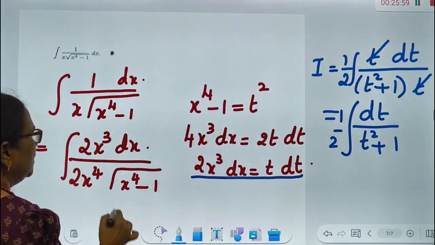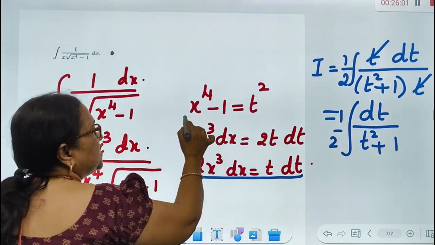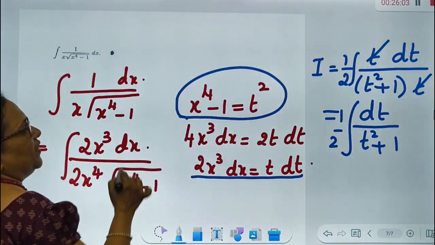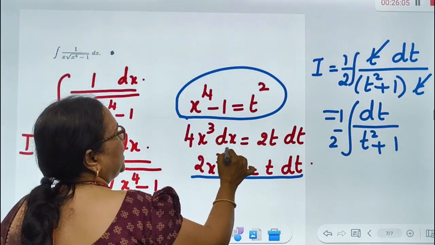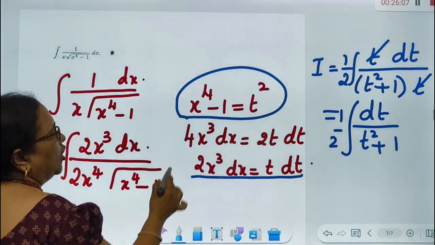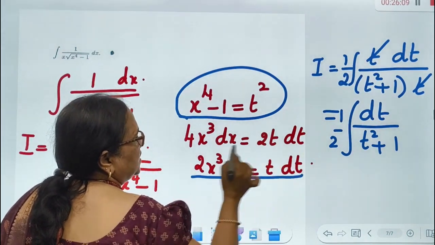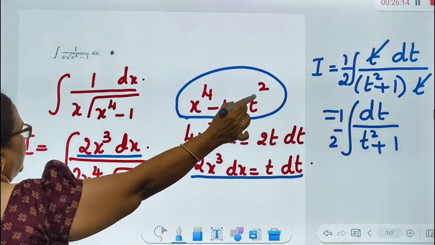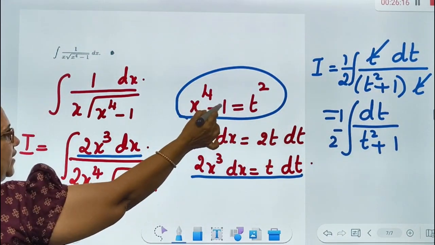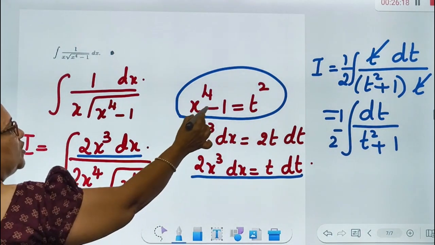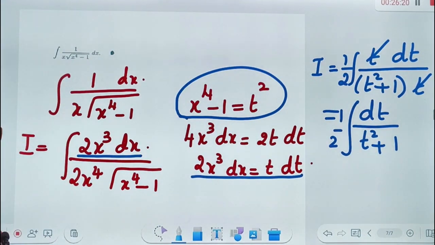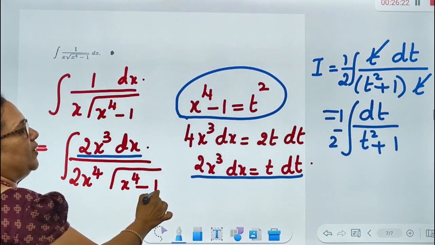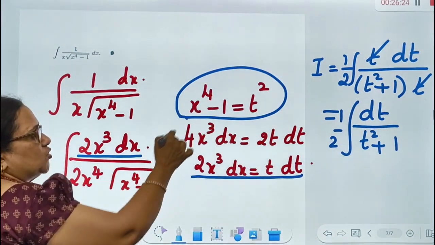Are you able to follow? I have written x power 4 minus 1 as t square. If I differentiate, what will I get? 4x cube dx is 2t dt, or 2x cube dx is t dt. Now substitute for 2x cube dx is t dt. This 2 I have written there. Then the denominator x power 4 is t square plus 1 into root of x power 4 minus 1, which is root of t square, which is t.